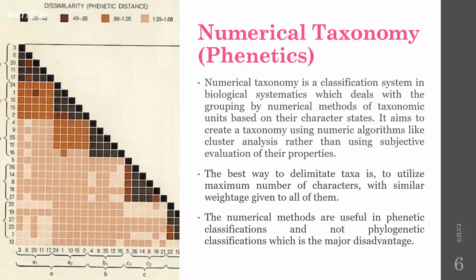Here what they do is, for example, this many groups are sharing this many characteristics, so definitely it will be A1. In a similar way, all such characters are given equal weightage, and those could be classified under similar species or genus based upon the number of characters they share.